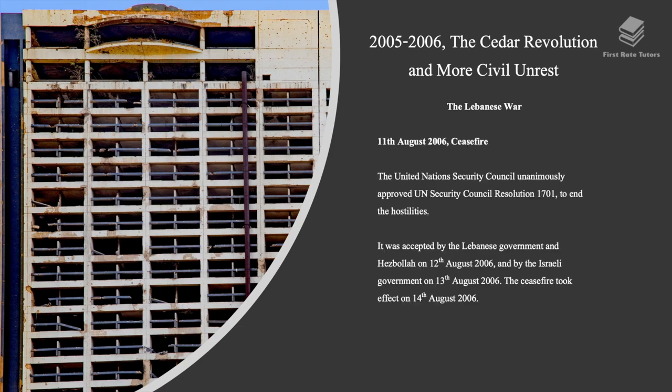In August 2006, the United Nations Security Council unanimously approved UN Security Council Resolution 1701 to end the hostilities. It was accepted by the Lebanese government and Hezbollah on the 12th of August 2006 and by the Israeli government the next day. The ceasefire took effect on the 14th.